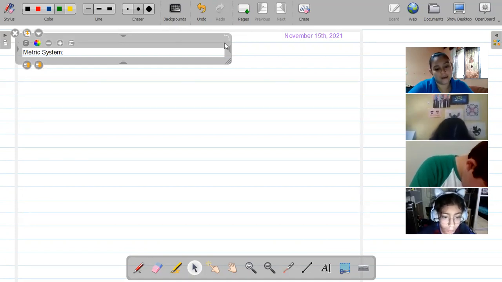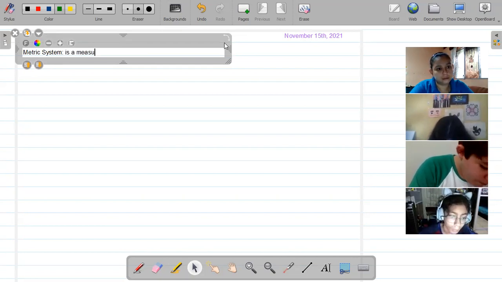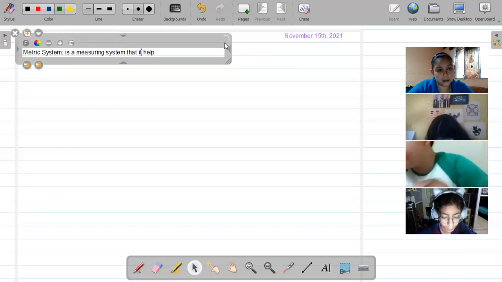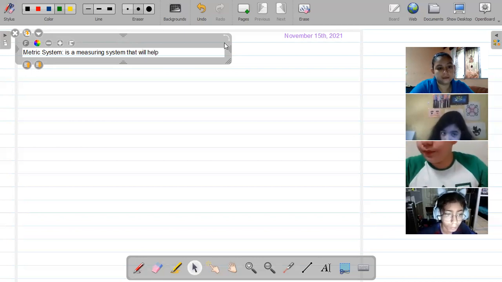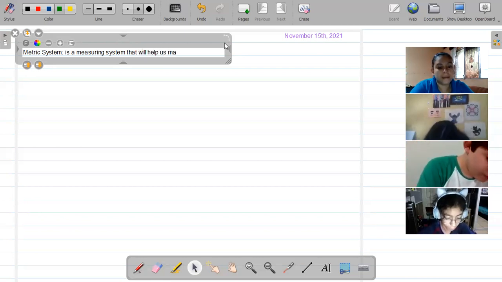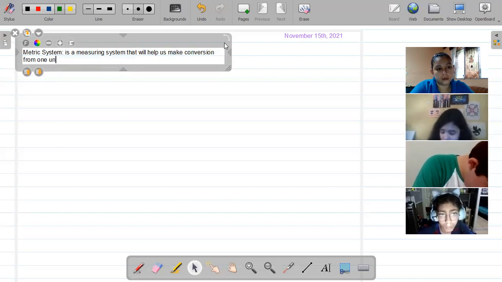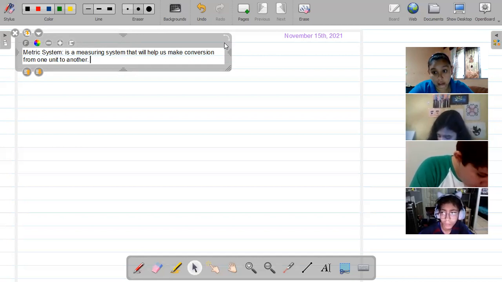Okay, so a metric system is a measuring system that will help us make conversions from one unit to another. There are different ways of doing these conversions. Today, we're going to learn an easy one.